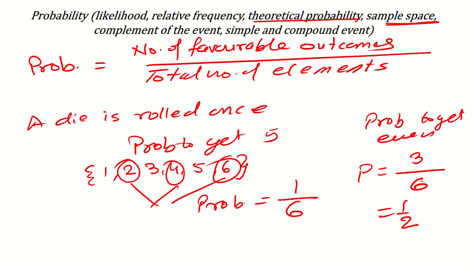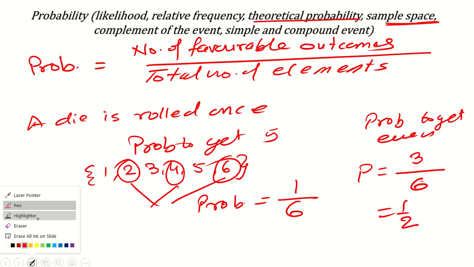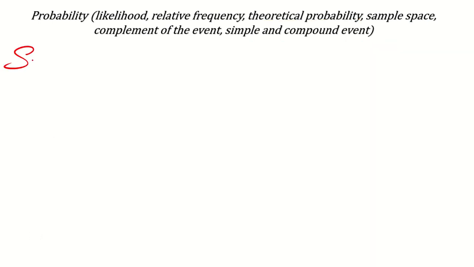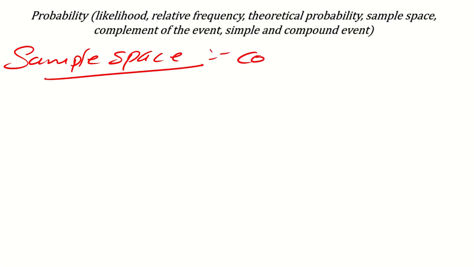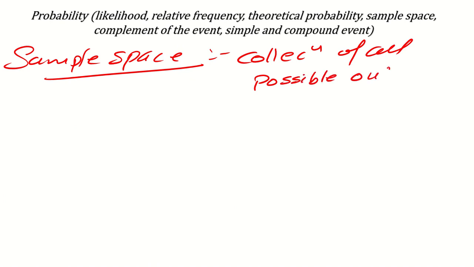Now, what is the sample space? The meaning of sample space is the collection of all possible outcomes. Collection of all possible outcomes is called sample space.